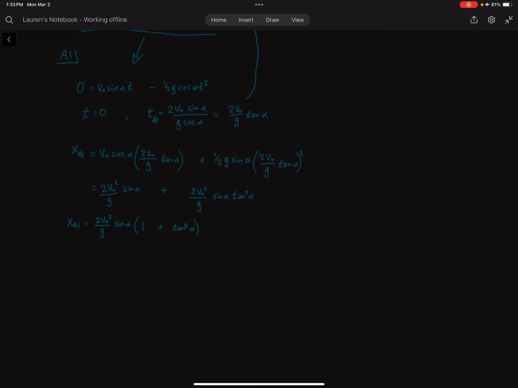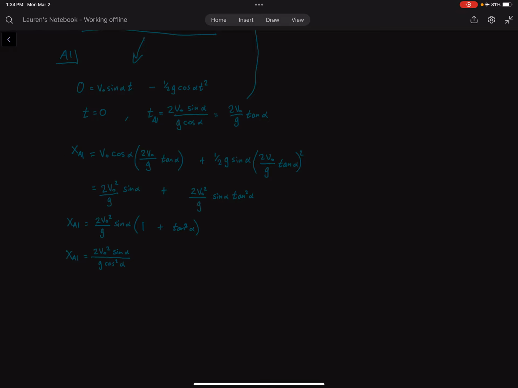And in fact, 1 plus tangent squared alpha is a trig identity, and that is equal to 1 over cosine squared. So let's just say x at A1 is equal to 2 v naught squared sine alpha over g cosine squared alpha, right? So that's pretty tidy.